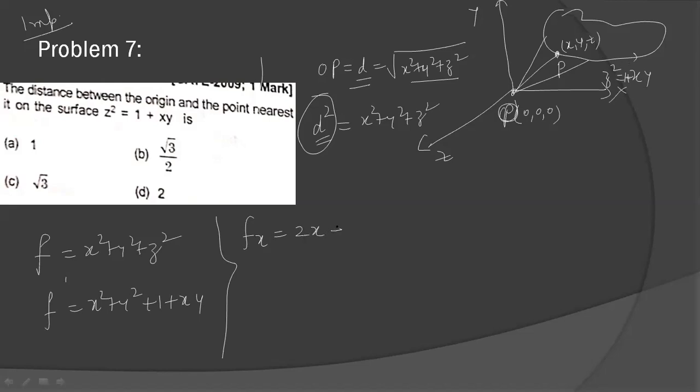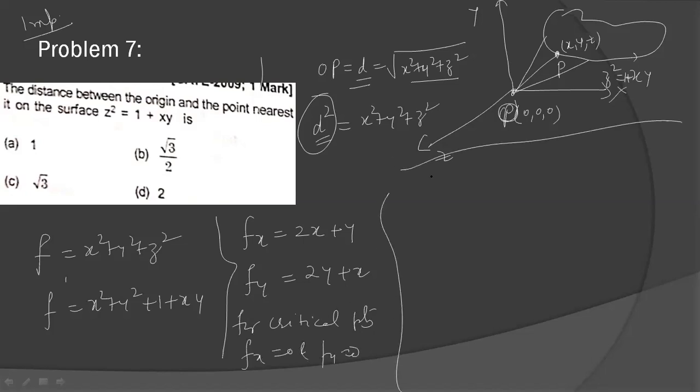Fx is 2x plus y. Fy is 2y plus x. For critical points, fx is 0 and fy is 0. If you set 2x plus y equal to 0 and 2y plus x equal to 0, the only point is 0 comma 0. Now you get x comma y as 0 comma 0.